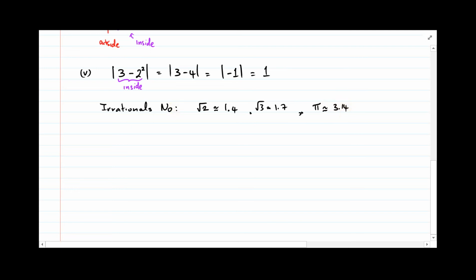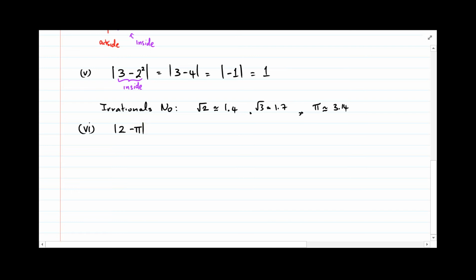Now, oftentimes when we are working, we want to leave our answers as exact as possible. That is, we want to leave these square roots or pi in our answers. So we could be given something like this, which says, let's do the absolute value of 2 minus pi, and I ask you to rewrite or simplify this.